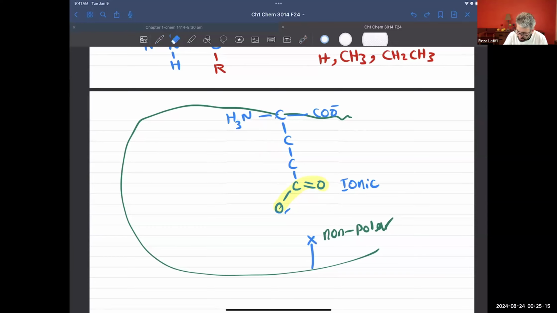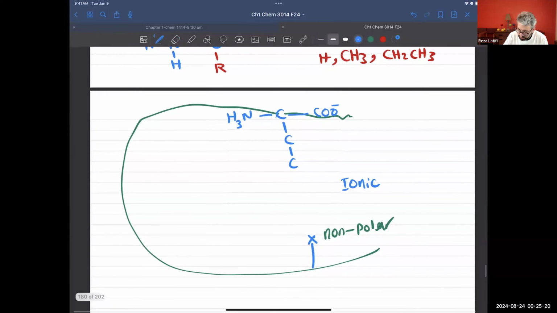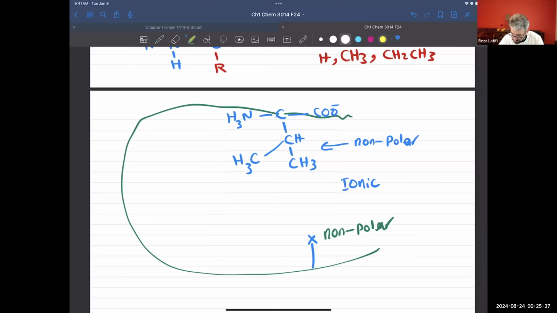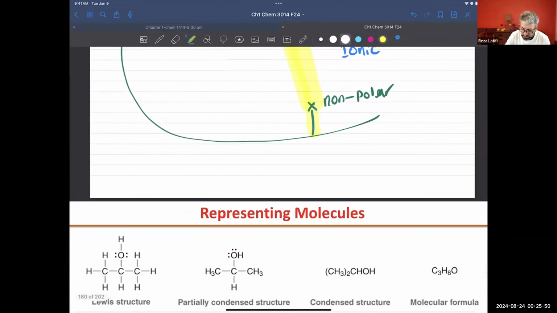So if I get rid of this carbon and simply attach it to this one, now I'm going to get a non-polar group there. That non-polar group is going to have an interaction with this one. Because of that interaction, the structure of the cell will change and it will turn to this shape.